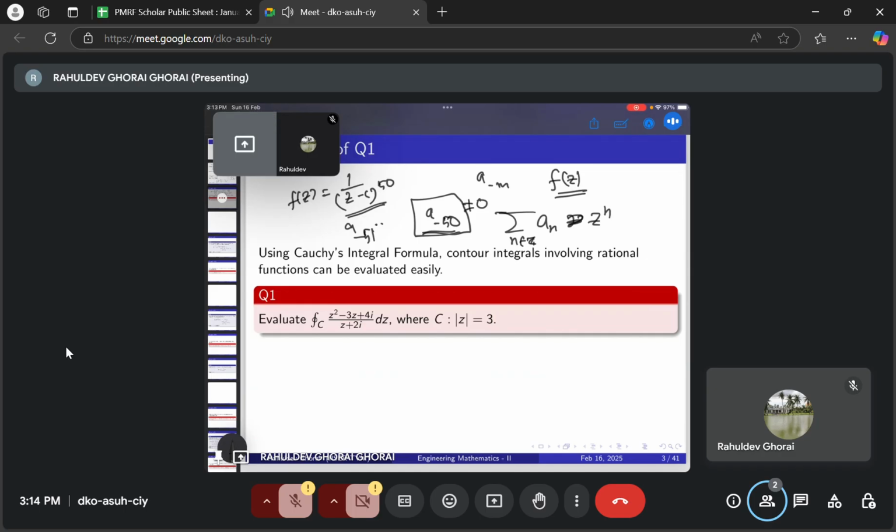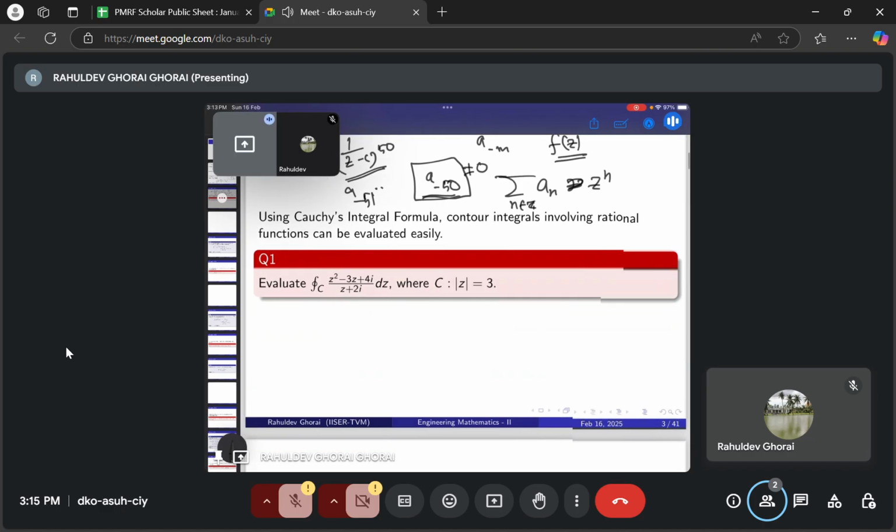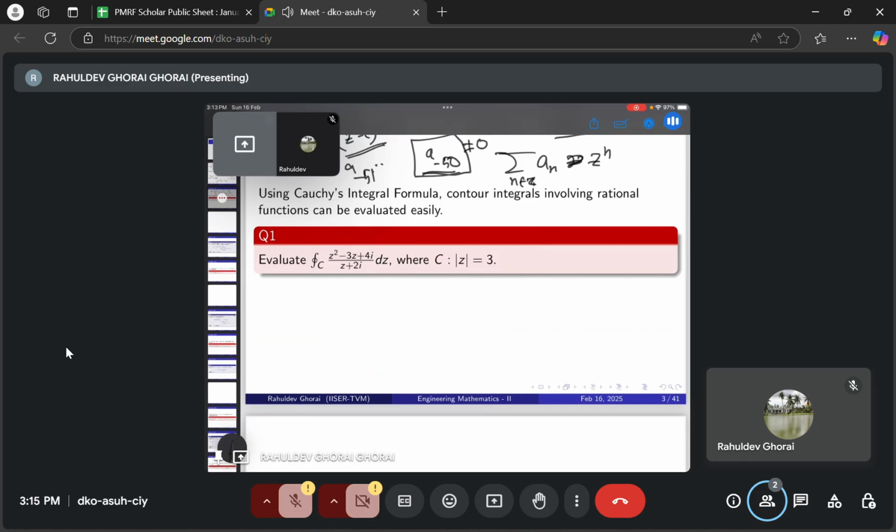Okay. So now use the Cauchy integral formula. Come to integrals involving rational functions. Use the Cauchy integral formula to evaluate this integral. How to do that?